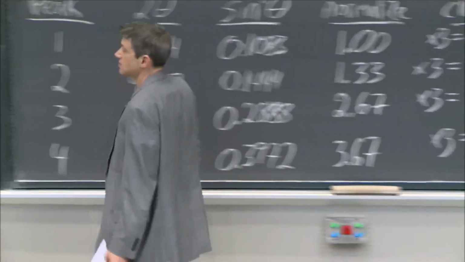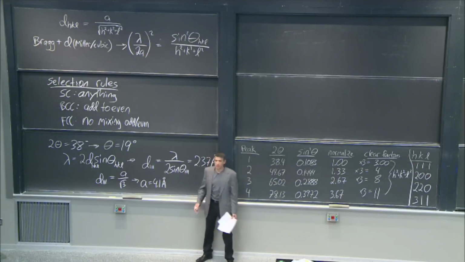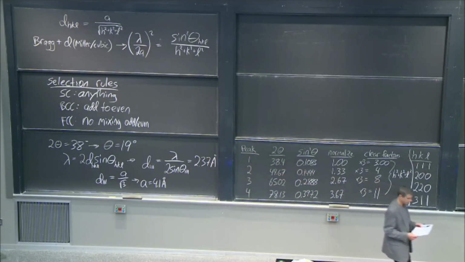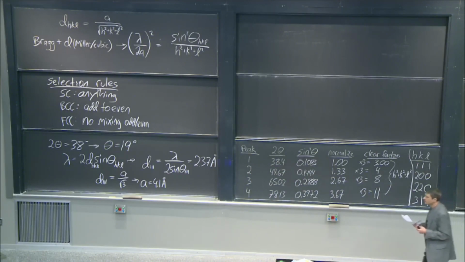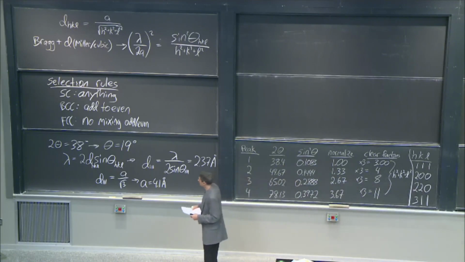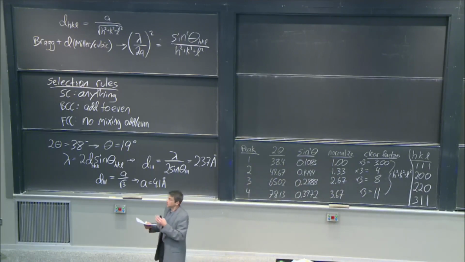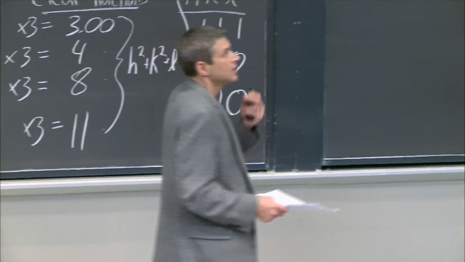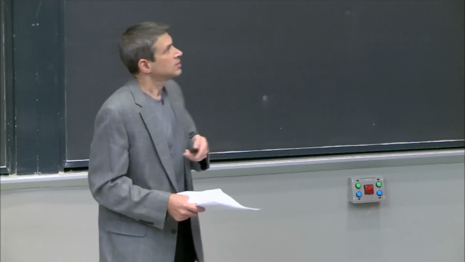FCC, atomic radius, which one is it? It's gold. So this is the kind of thing that you guys now have the power to do. You can go back and forth, based on your knowledge of crystals and now your knowledge of X-rays and how X-rays interact with crystals. You can do this.